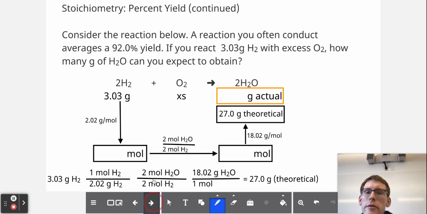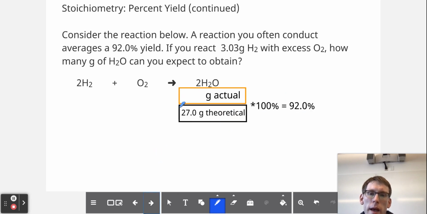So how to do the rest of this? Well, I'm going to get rid of all the other stuff and just look here, because basically we've got this pretty simple equation. We've got an unknown grams of actual yield divided by 27.0 grams of theoretical yield times 100% equals 92.0%.